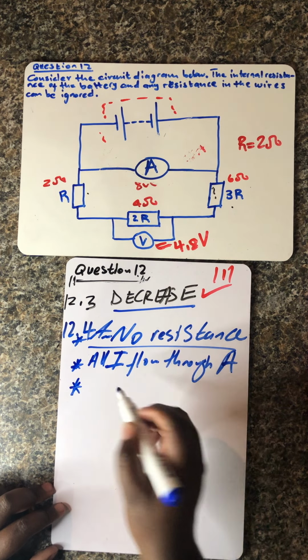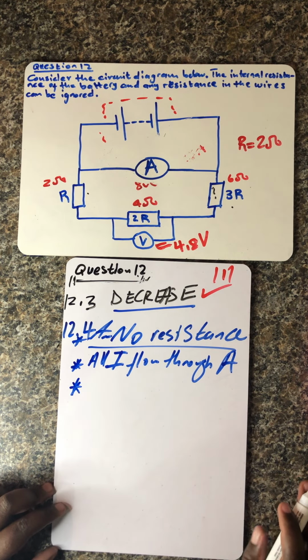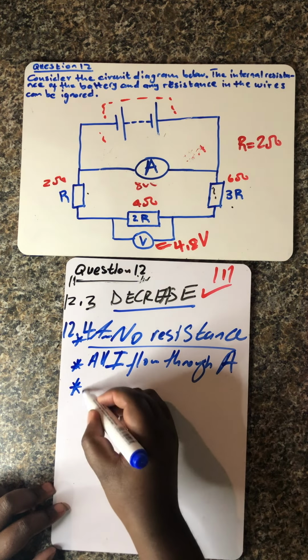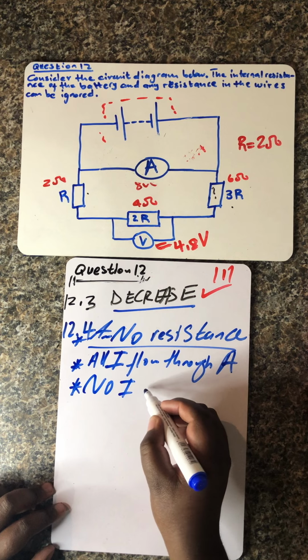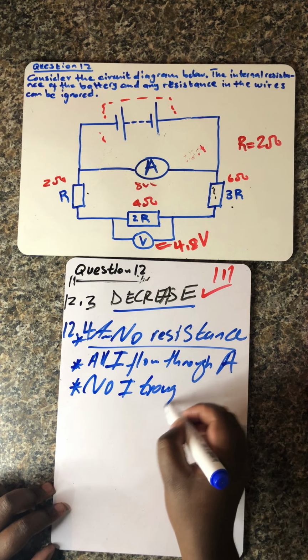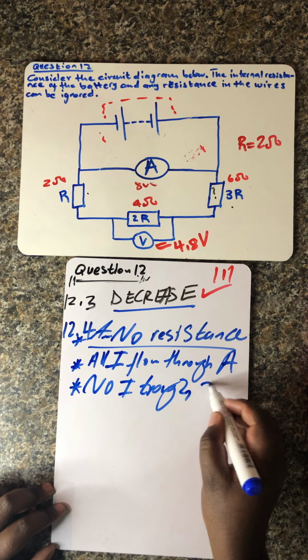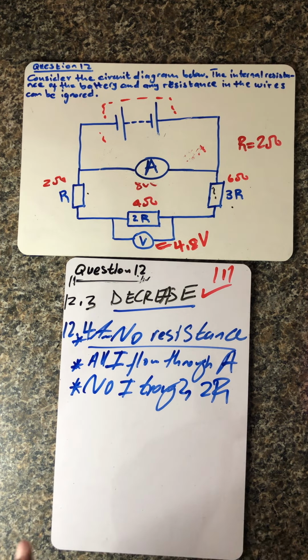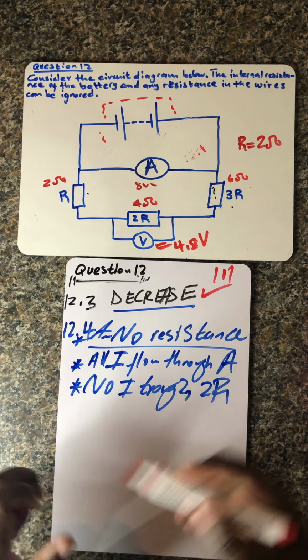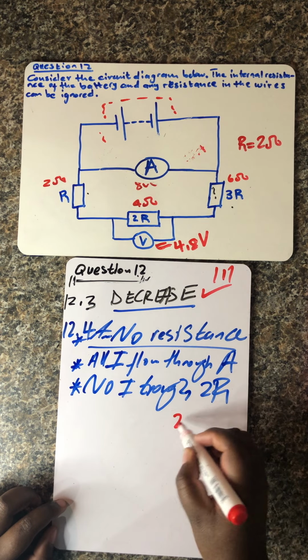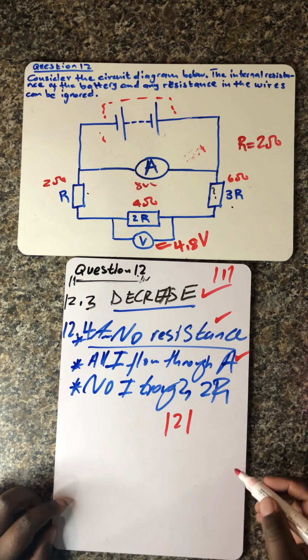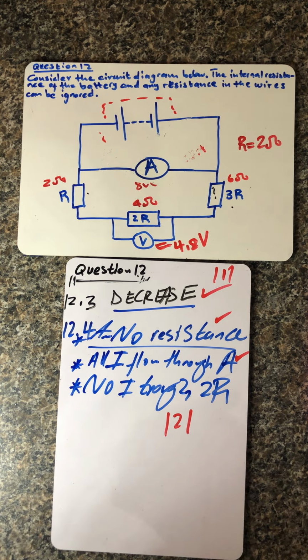The other one may comment to say there's no current flowing through the 2R resistor. By so saying, ladies and gentlemen, you score yourself 2 marks. They can just give you 1 mark, 1 mark, depending on which reasons you've used.